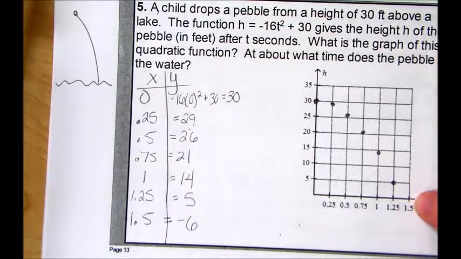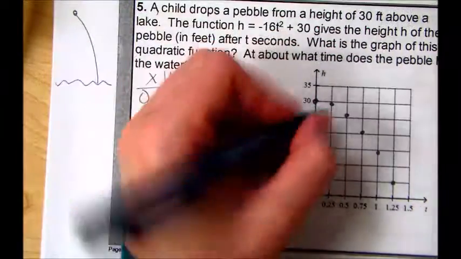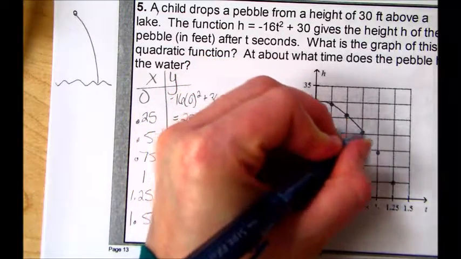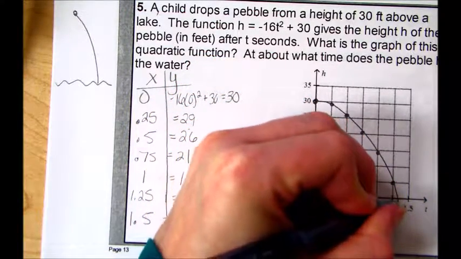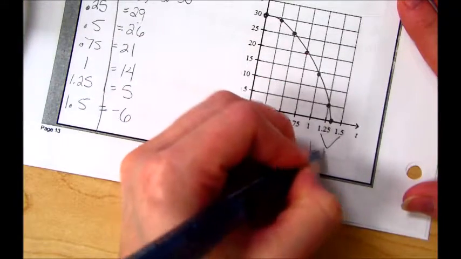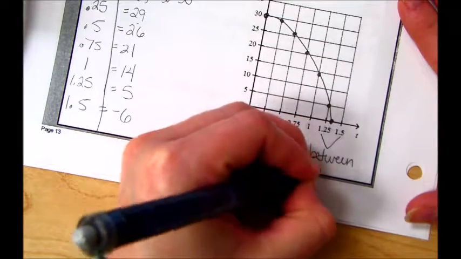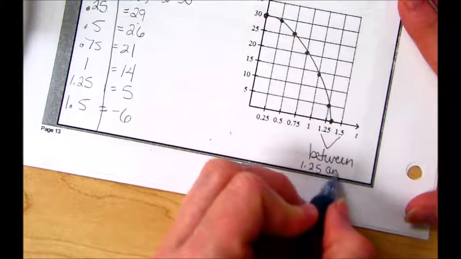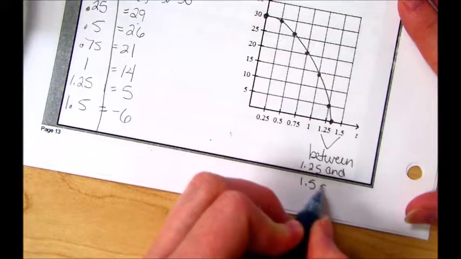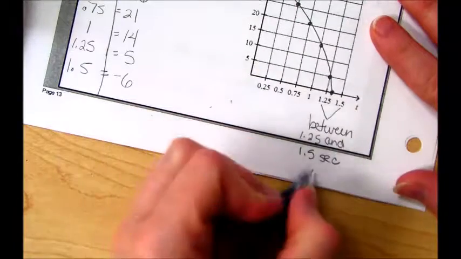And I'm not even going to graph that one because it's negative. Here goes the pebble. Whee! Starts to fall really fast. Somewhere between these two. So I'm just going to write between 1.25 and 1.5 seconds, it hits the ground.